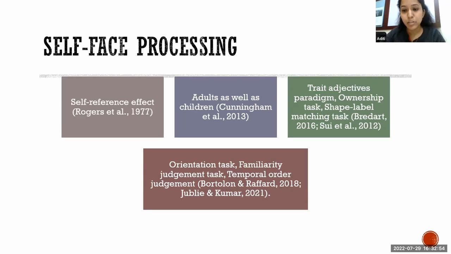Memory-based familiarity judgment tasks have also supported self-face advantage over other faces. In one of our previous studies also, prior entry effect for self-face has been observed for both direct temporal order judgment as well as orthogonal emotion identification task.